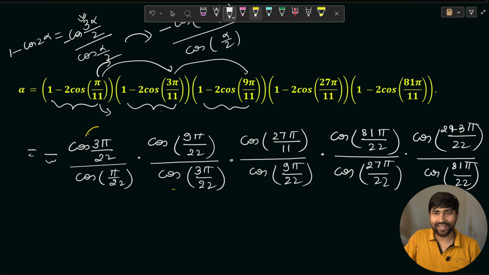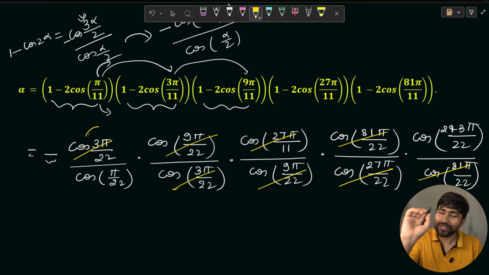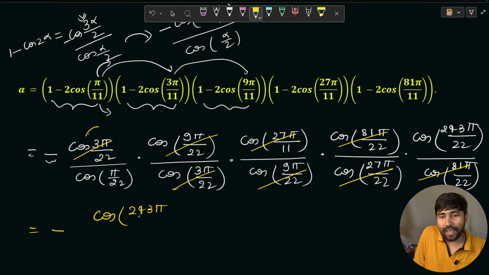Now see, we have a telescoping series in multiplication. That means the numerator of previous terms is cancelling the denominator of the next term. So all these terms will be cancelled out and we are left with 2 terms only. So this complicated looking problem becomes a simple one, and that becomes cos 243 pi upon 22 upon cos pi by 22.